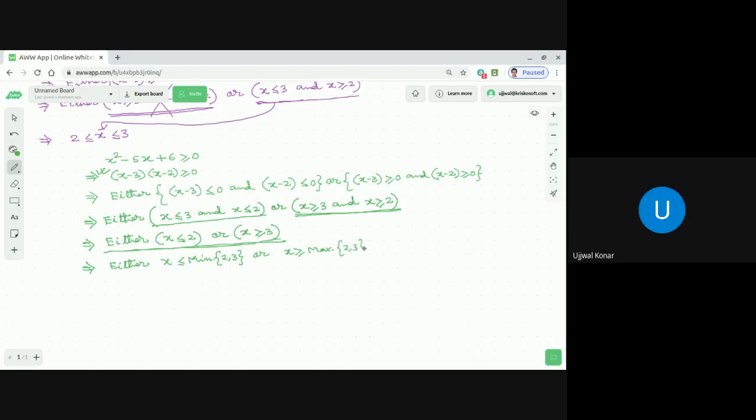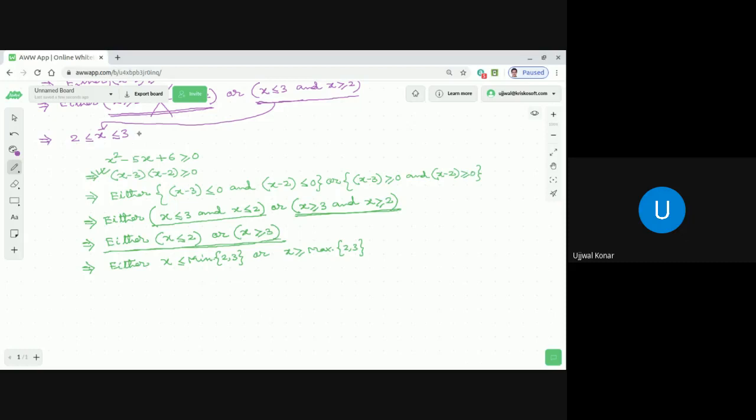Are you getting my point? You may say, sir, why are you writing minimum between 2 and 3? We know it is 2. And the maximum between 2 and 3 is 3. Then why are you writing this? There is a reason. You will notice it two minutes from now.